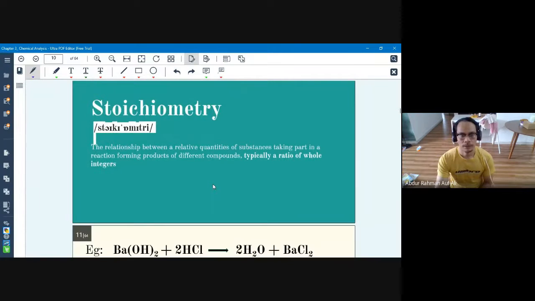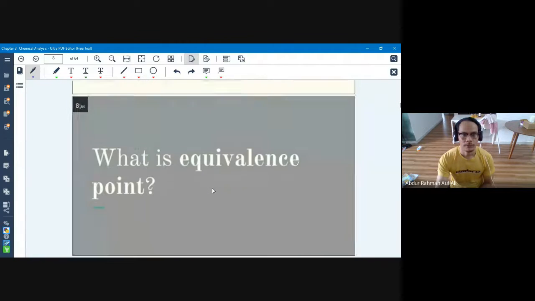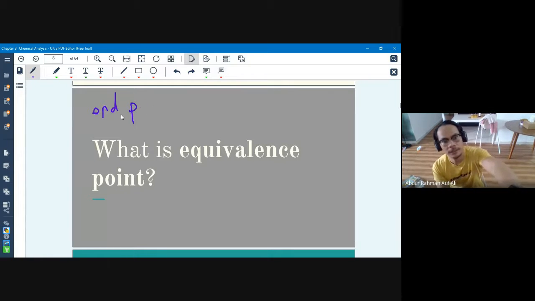So the thing is, tadi dalam soalan in the quizzes tadi, saya ada satu soalan yang dia betul tapi saya salah. Okay, iaitu soalan dia tanya endpoint dengan equivalence point. Dia tanya adakah endpoint dan equivalence point occur at the same time.